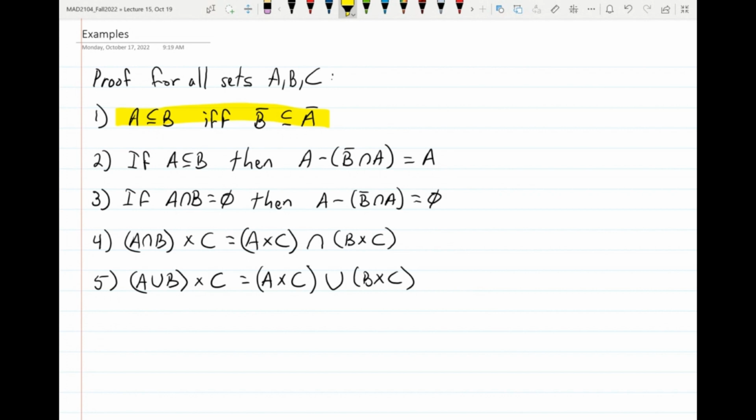Look at what just happened. We flipped A and B, and what did we do? We took the complement. Complement is like negated. What comes to your mind when you flip and you negate? The contrapositive. So this actually is the contrapositive version at the set level.